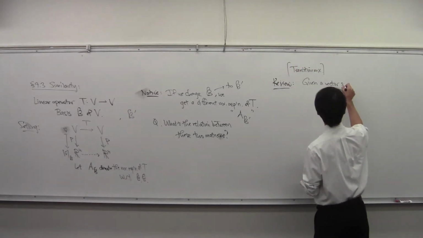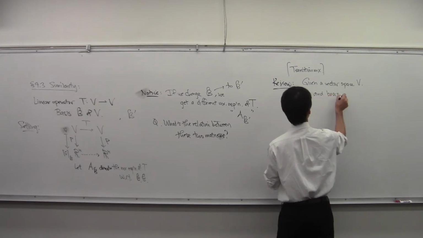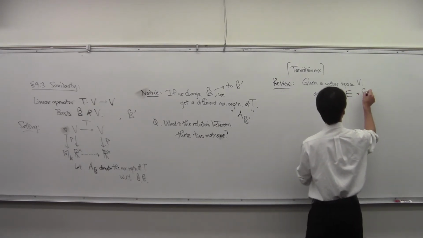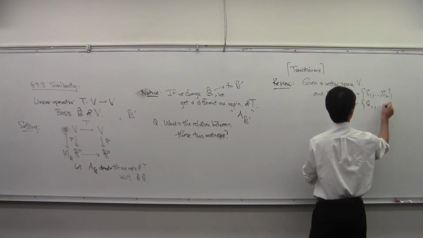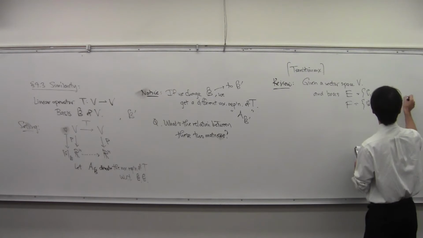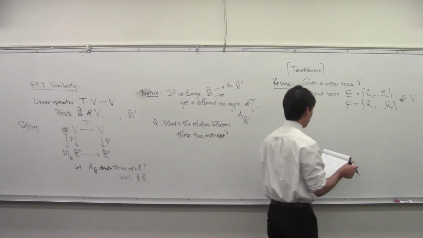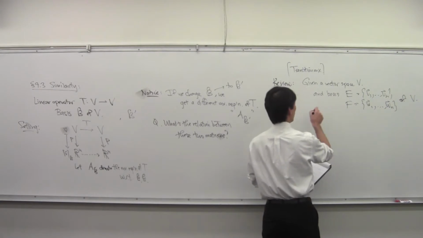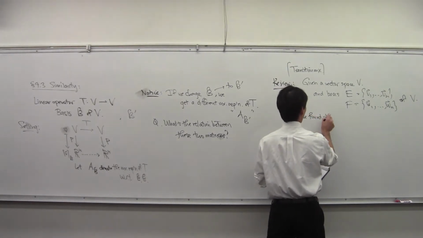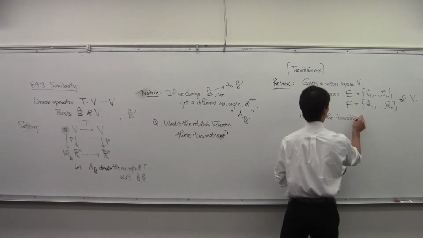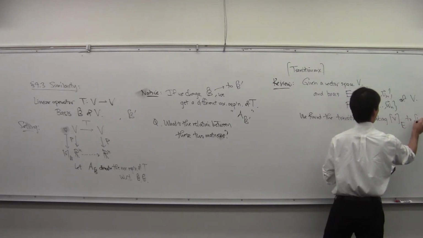Given a vector space V and two bases, E being v1 through vn, and basis F being, say, w1 through wn, both of the same vector space, we found the transition matrix taking the coordinate vector with respect to E to the coordinate vector with respect to F.